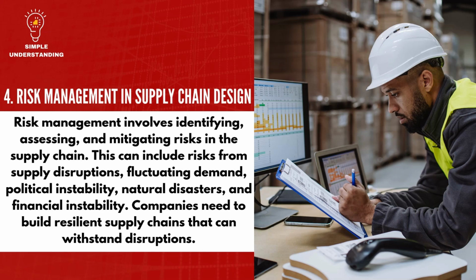4. Risk management in supply chain design. Explanation. Risk management involves identifying, assessing, and mitigating risks in the supply chain. This can include risks from supply disruptions, fluctuating demand, political instability, natural disasters, and financial instability. Companies need to build resilient supply chains that can withstand disruptions.